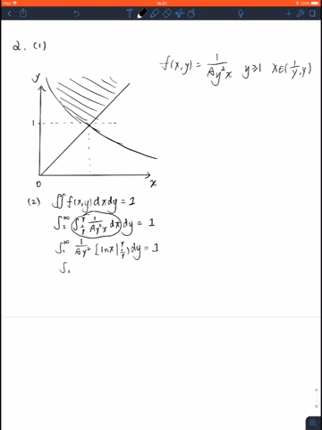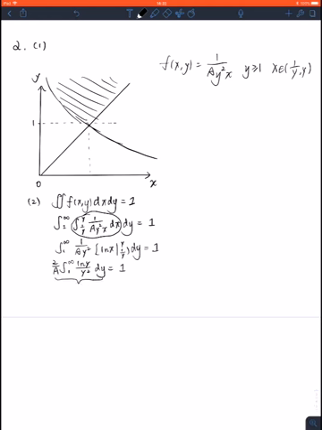And then we have 2 divided by a times the integral from 1 to infinity, ln y divided by y to the power of 2 dy equals 1.